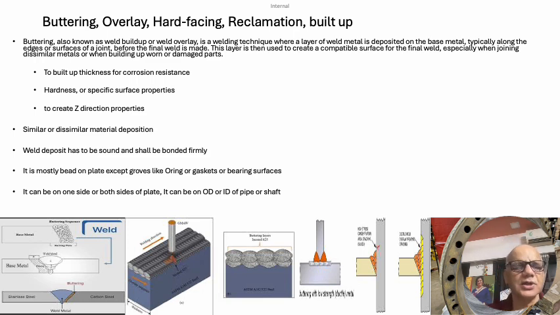So all such areas you require a very high hardness, crossing sometimes even 60 HRC. Or there could be any specific property you are looking for. Maybe on a hard surface you are looking for a soft surface, or you are looking for creep resistance in this. So it all depends upon the application. You have to choose the consumables.